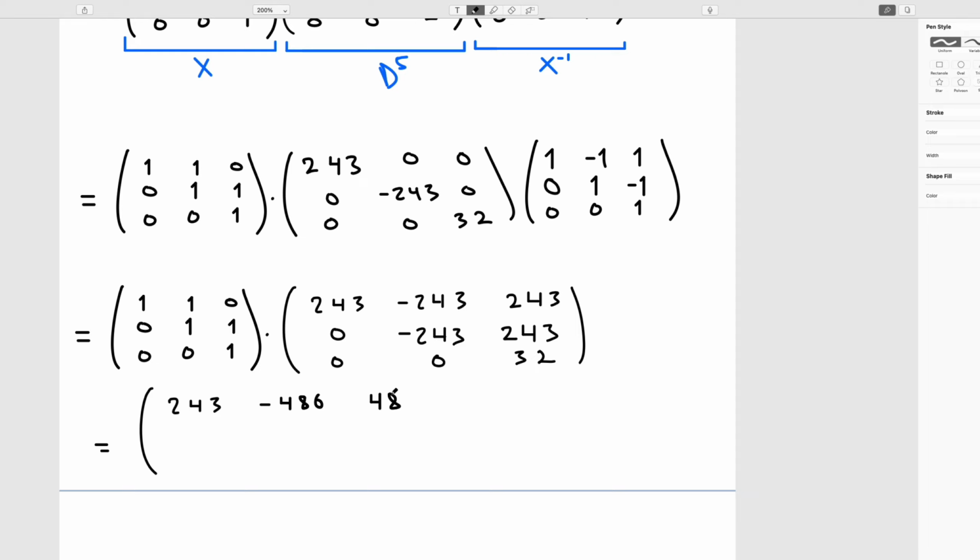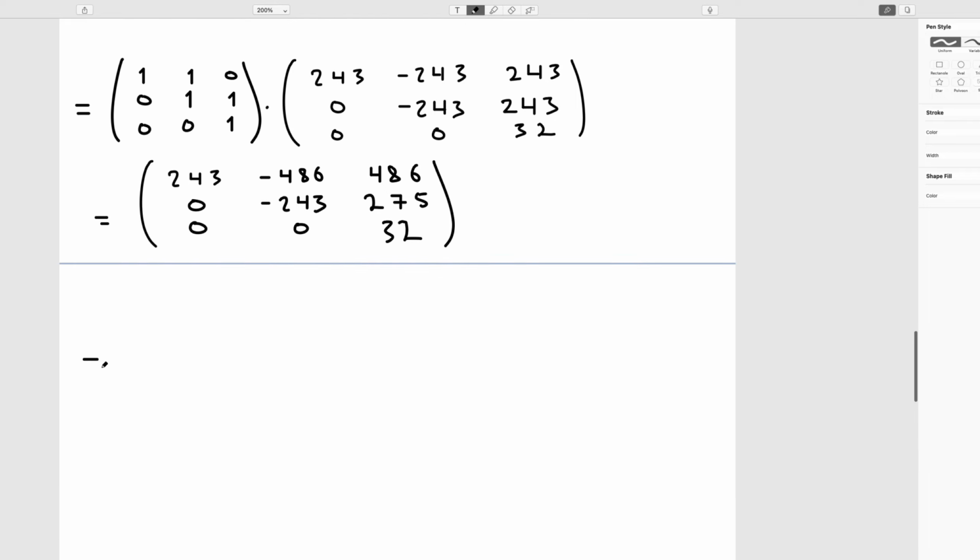It's kind of cool that we can actually solve everything by hand, but I would recommend at some point using a computer. 011 times this column is just 0. 011 times this column just picks out the negative 243. 011 times this is just 243 plus 32, which is 275. And finally, the 001 will just pick out the last row, right? So we have 0, 0, 32.